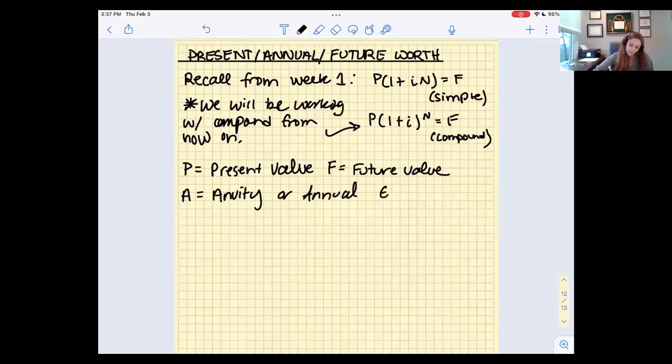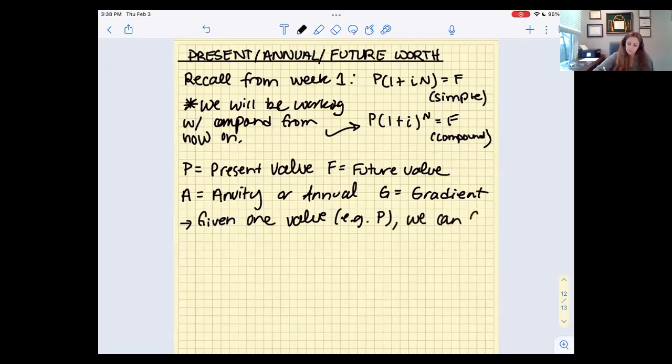And remember, we said G stood for gradient. So, given one of these letters, given one value, let's say we're given P, we can find any of the other values. Like we did last week, we found F.